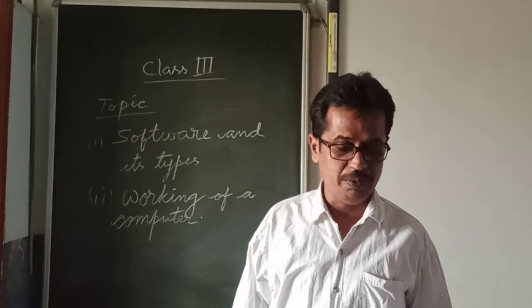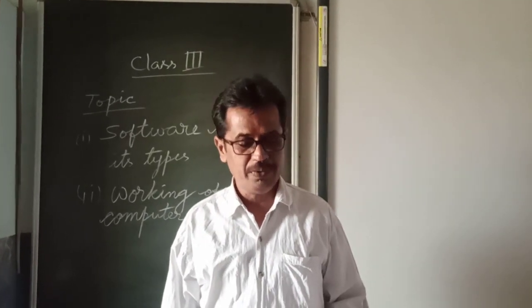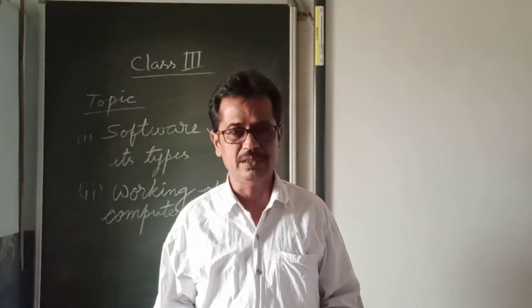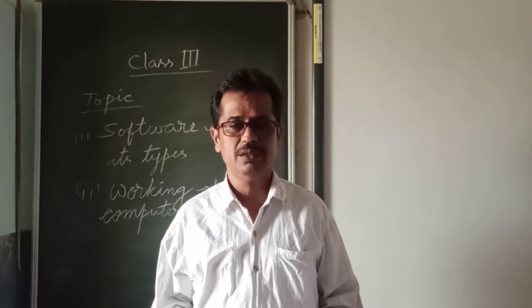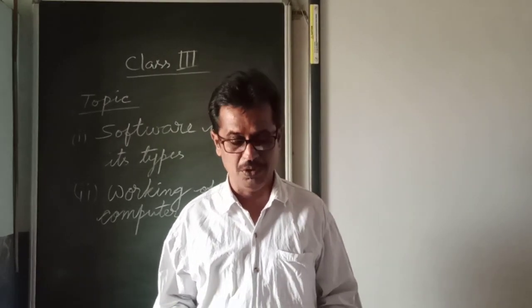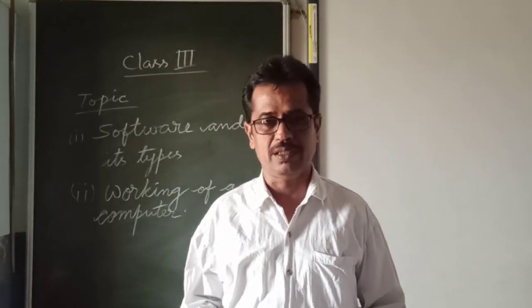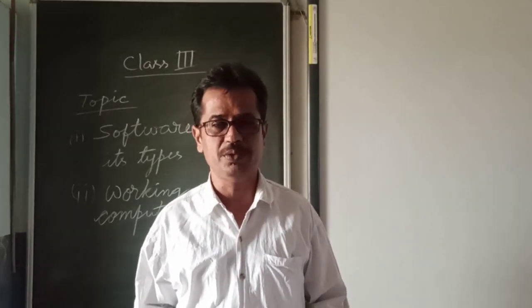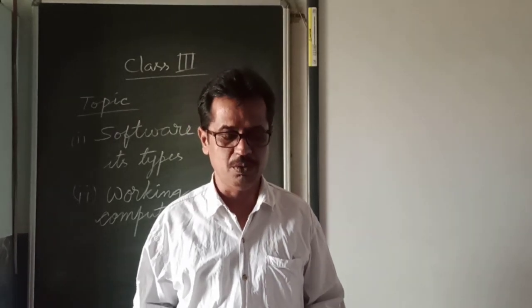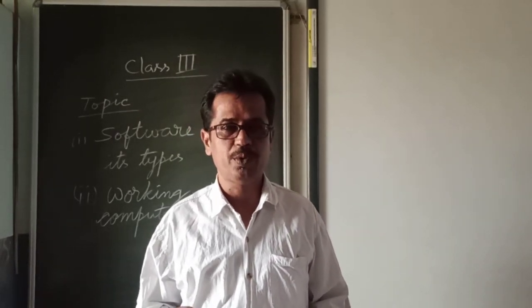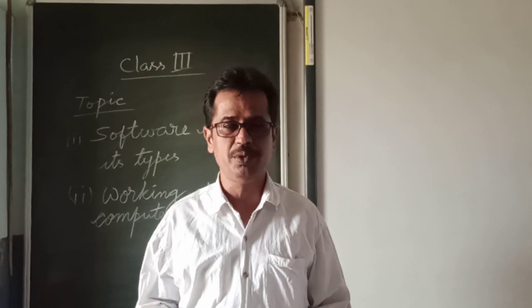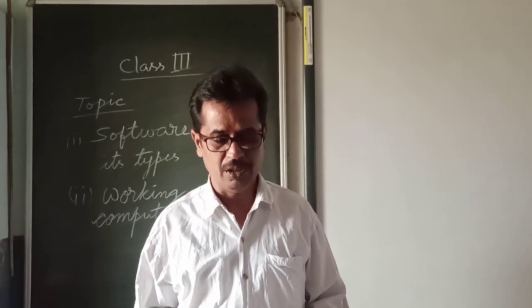So children, what is software? Software is the set of instructions given to the computer to do a particular work. All the programs what you can see in a computer are called software.